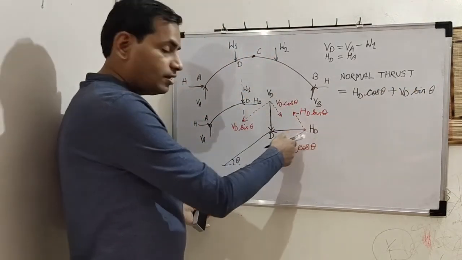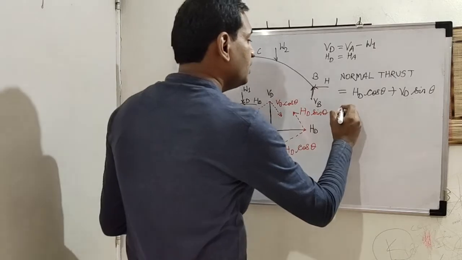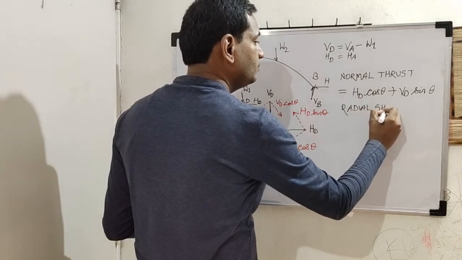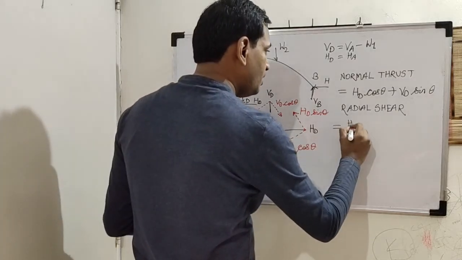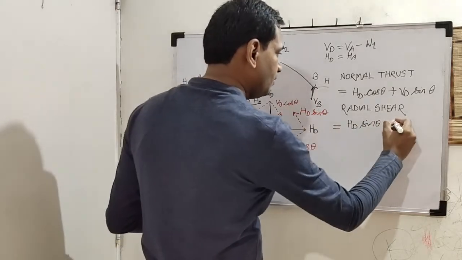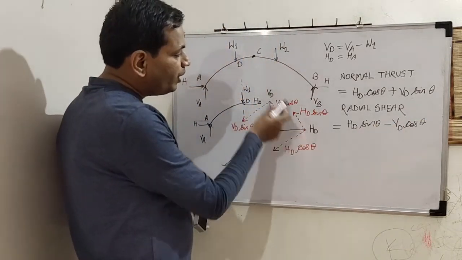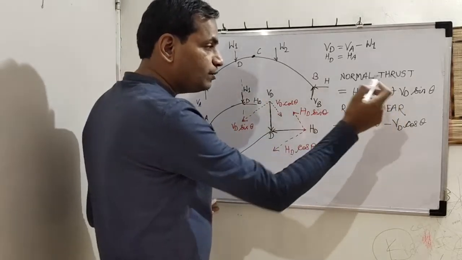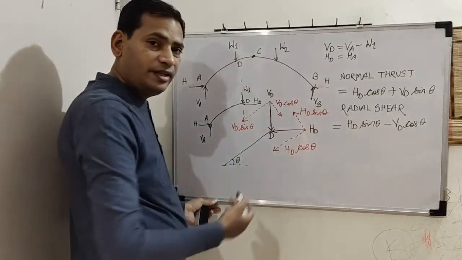These two components are acting down the plane, we will assume them to be positive. Okay, and the second concept is radial shear. This is equal to HD sin theta minus VD cos theta. So the component which is going up the plane we will assume positive, and which is down the plane we will assume negative. That is the concept of normal thrust and radial shear.